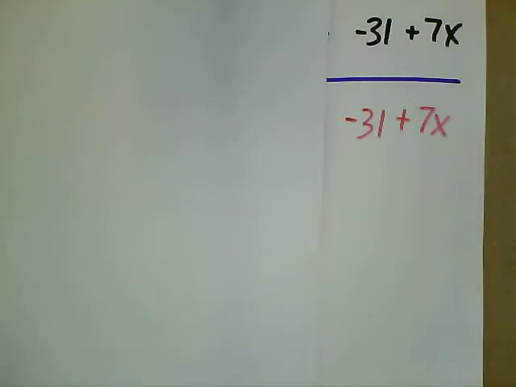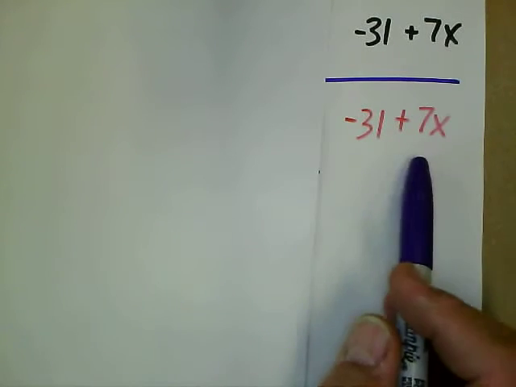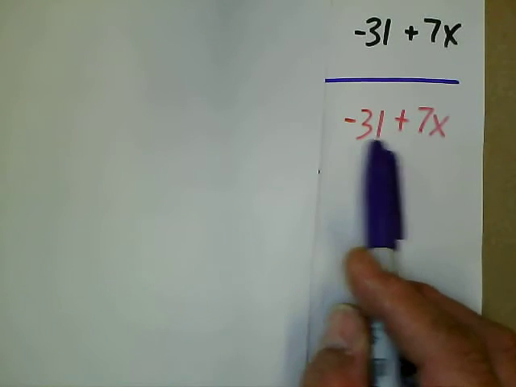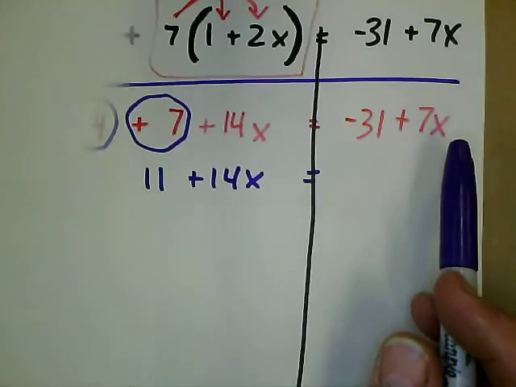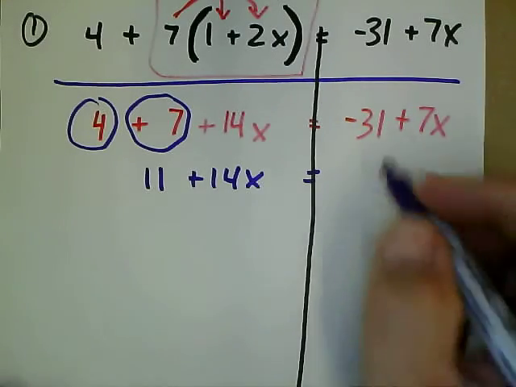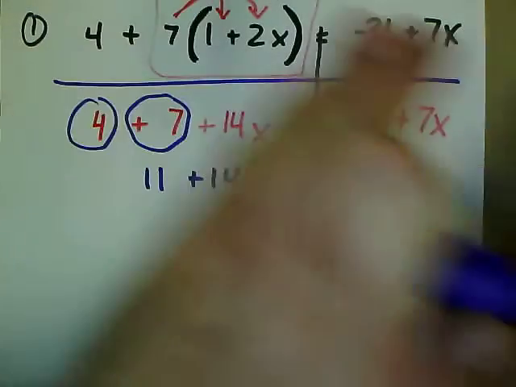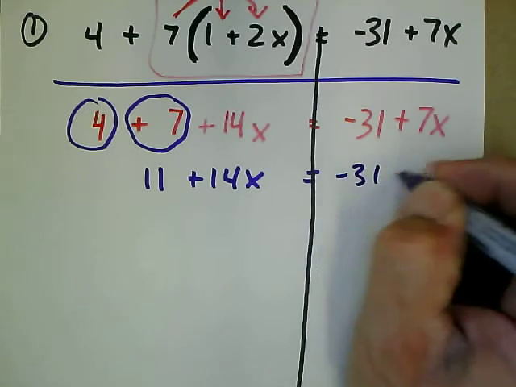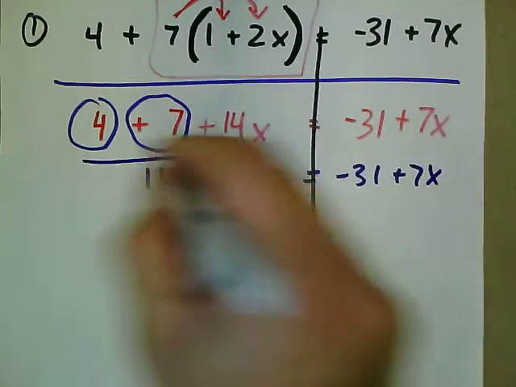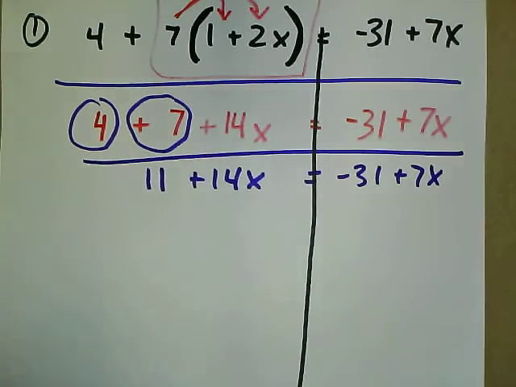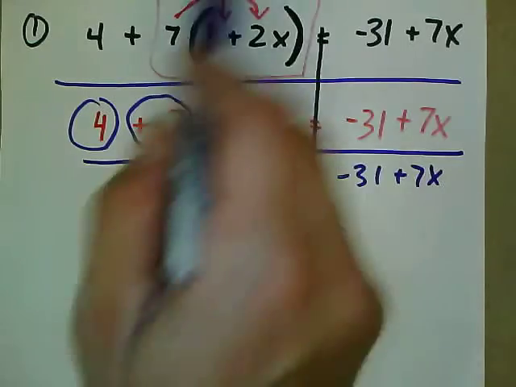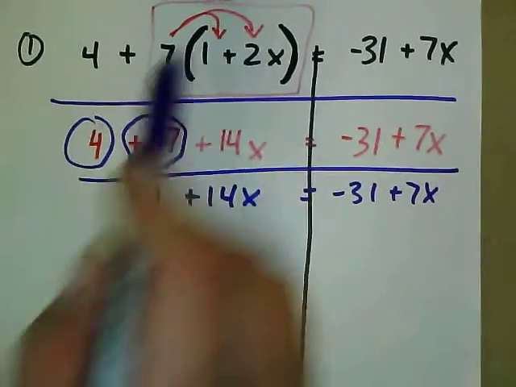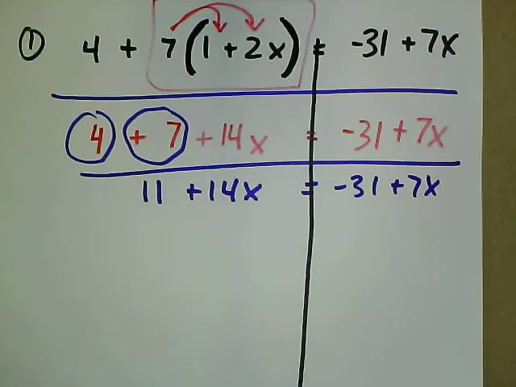Can you combine anything on that side? No, you can't, because this does not have a variable. That does have a variable. You can't combine them. Remember, distribute and combine are per side. So just bring that stuff down. That's it. The only thing you dealt with was what was in the circles, the distribute part. You just do the process. If you do the process, you're going to be fine.